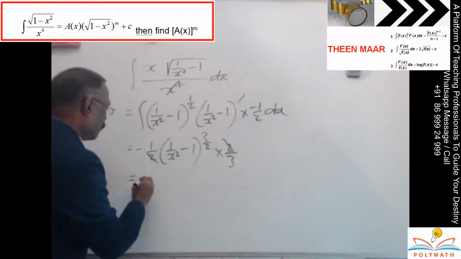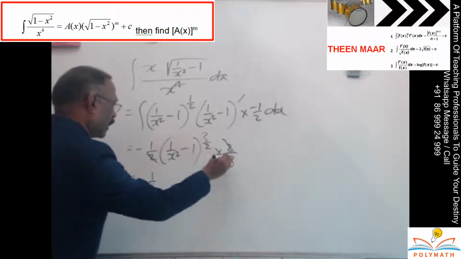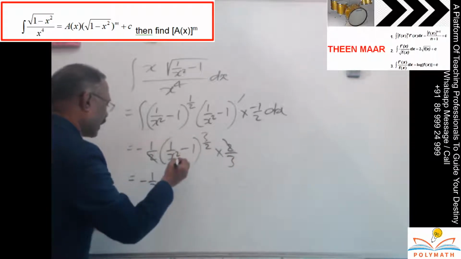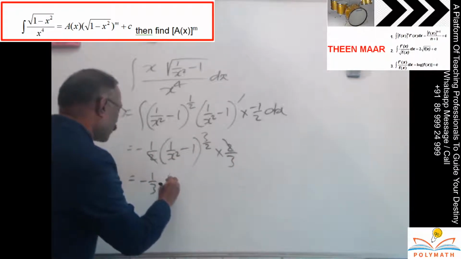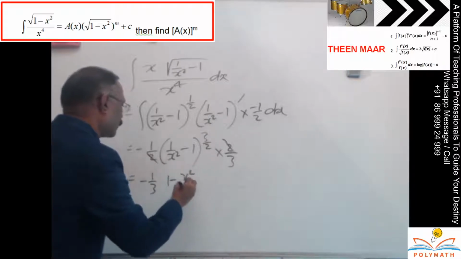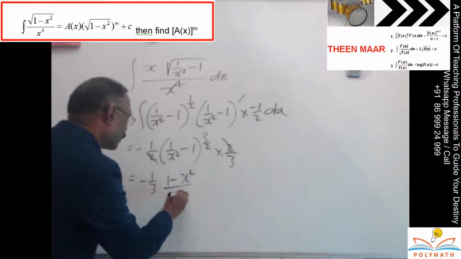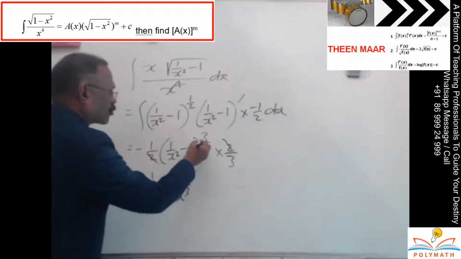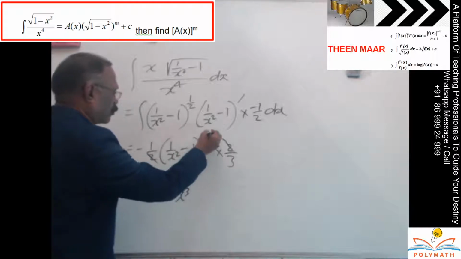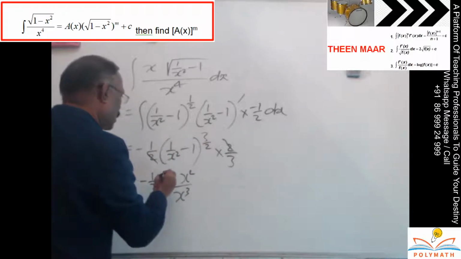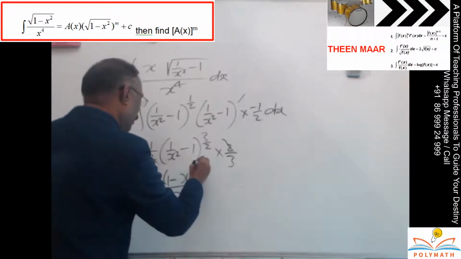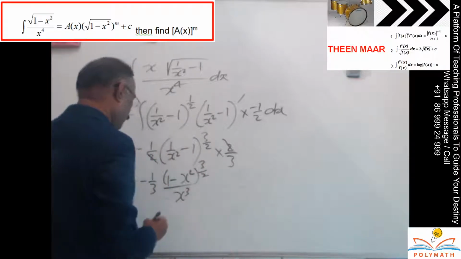What is that you get? Minus 1 by 3. Take LCM there. 1 minus x square by x square, whole power 3 by 2. 2 is getting cancelled. X cube remains, and it is whole power 3 by 2.